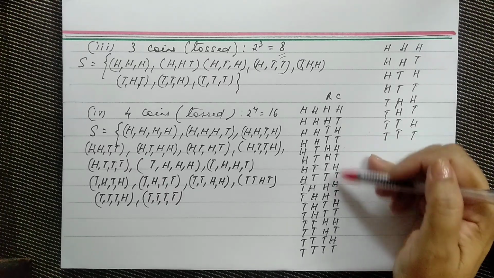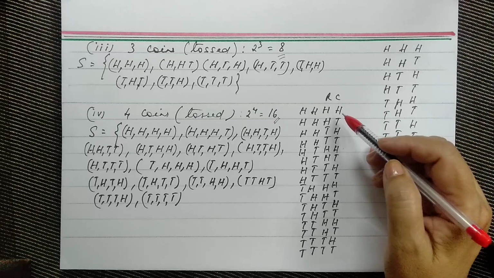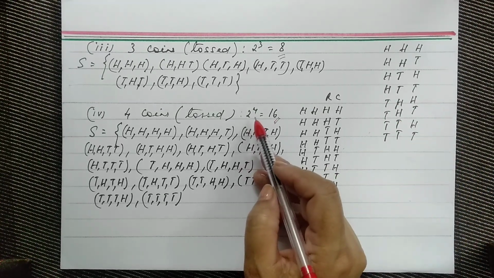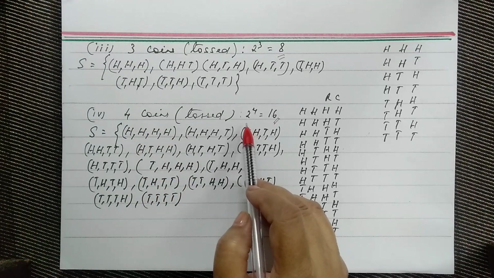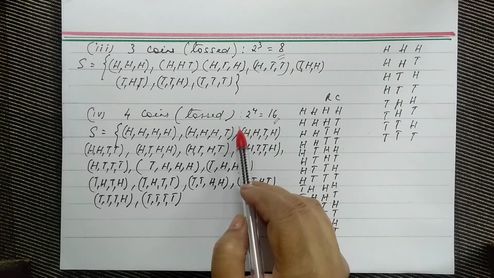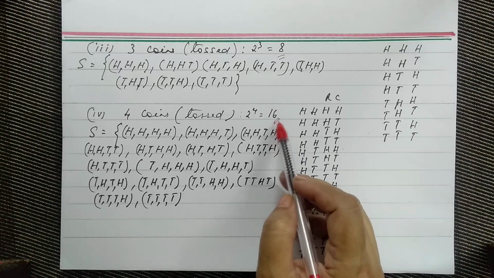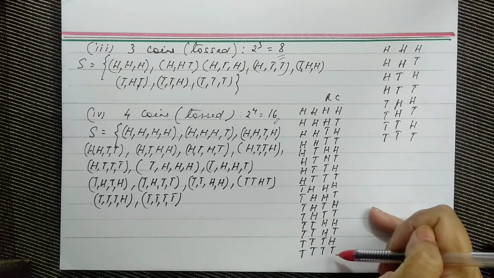Alright, so we have got 16 rows over here, and this determines how many rows we will have. Why 4 over here? Because we have got 4 coins. Why 2 here? Because we have got 2 options, 2 choices, a head and a tail. So having got 16, we write alternately here.